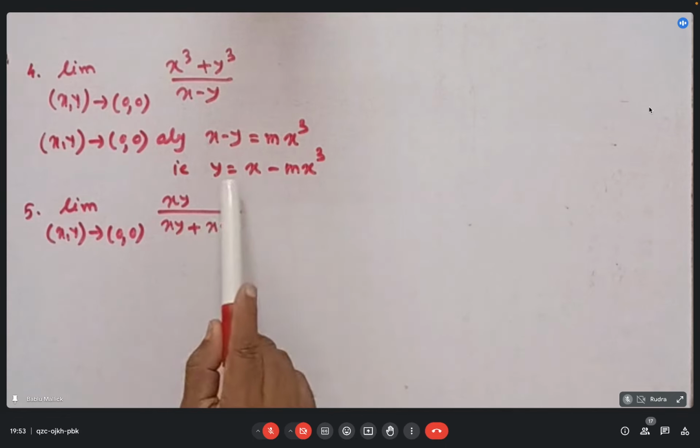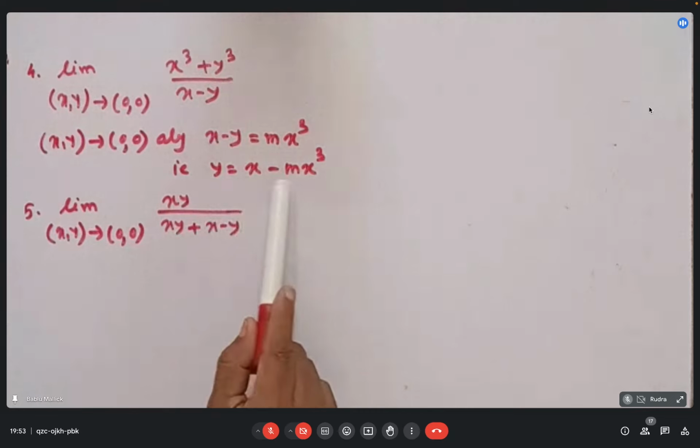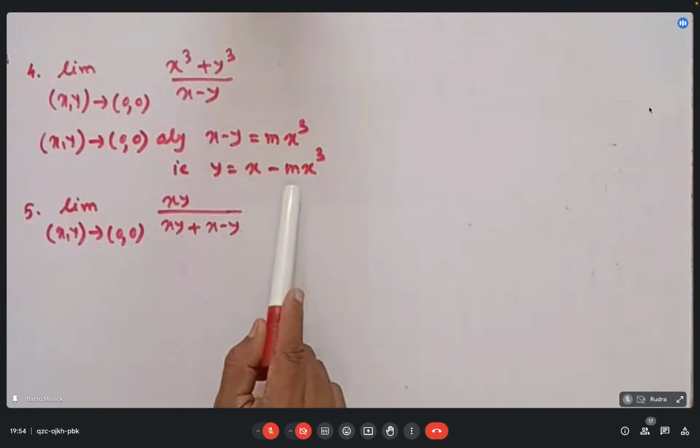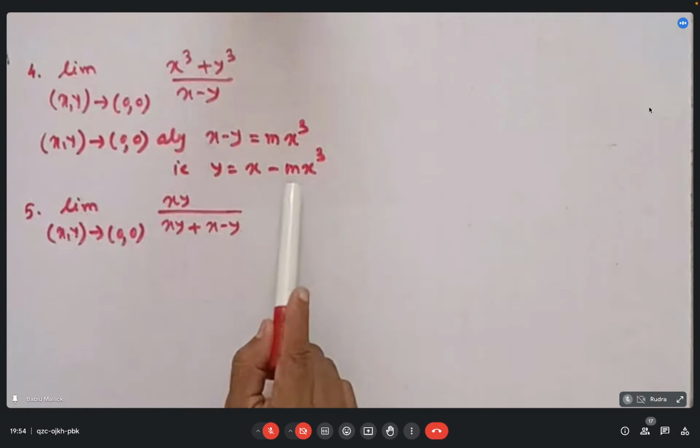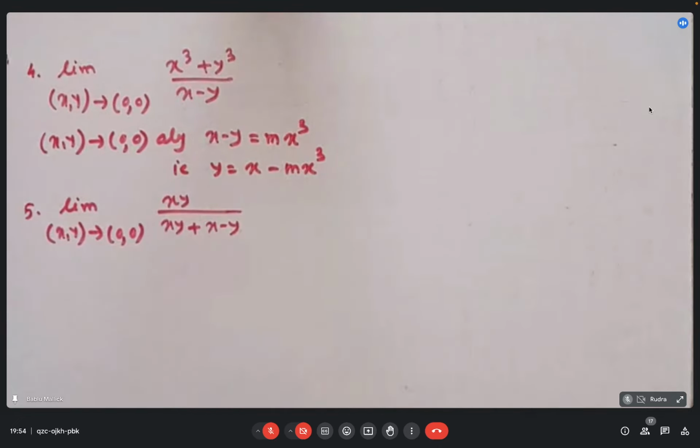Sometimes we can proceed in this way. Here when you are taking this path y is equal to x minus m x cube, it is a general path. There is m, so it is general.